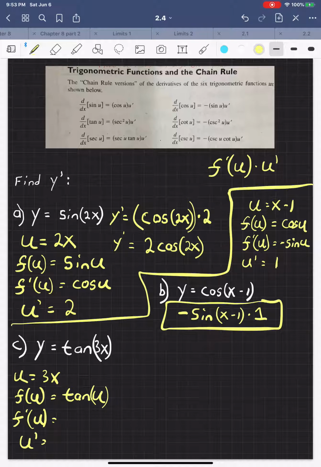So remember, either through memory or formula sheet, looking it up definitionally, f prime is the derivative of tangent, which is secant squared.